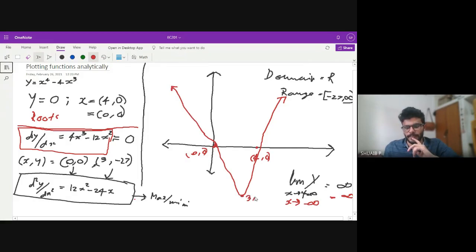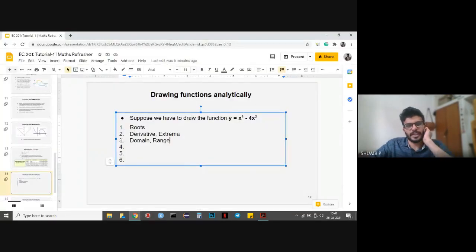So this will be a crude way to plot this function by capturing all the qualitative features of this function. The things that we did: we first calculated the roots, then we found the extreme points and whether they are maxima or minima by getting the double derivative at that point.